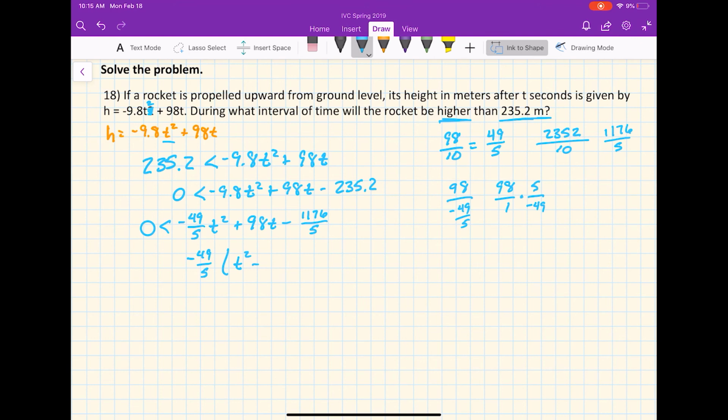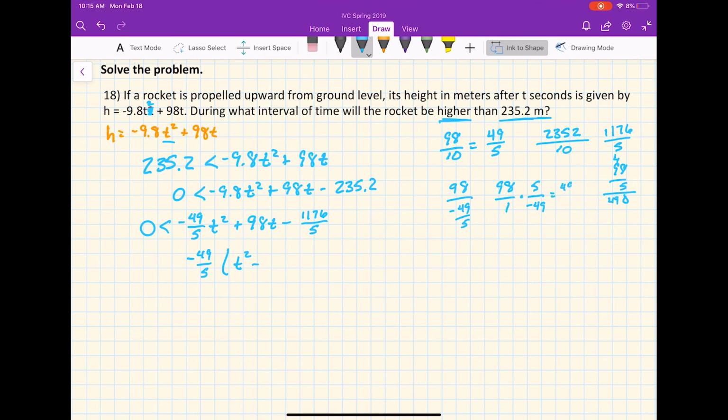So 5 times 98 is, can't do it in my head. That's 40, 45 plus 4, 49. Ooh, look at that. 490.